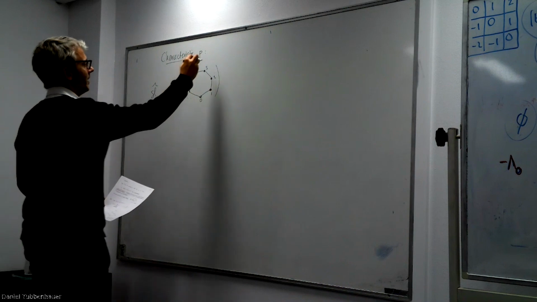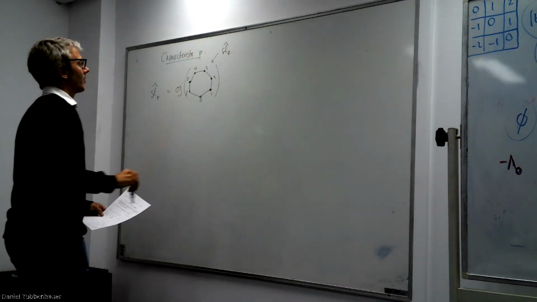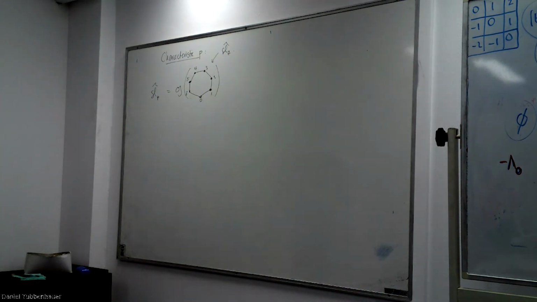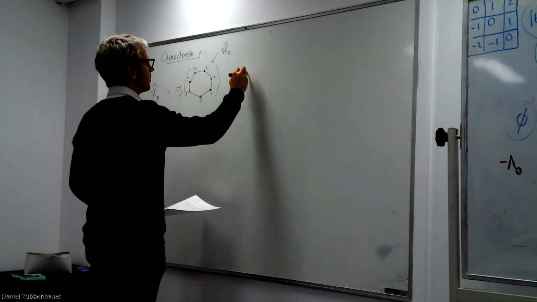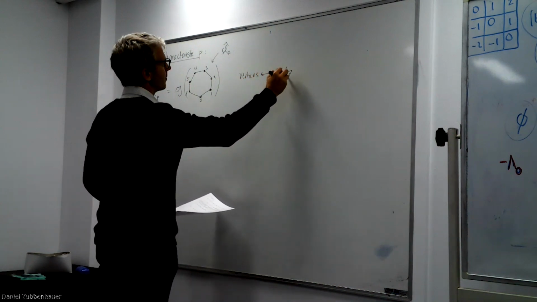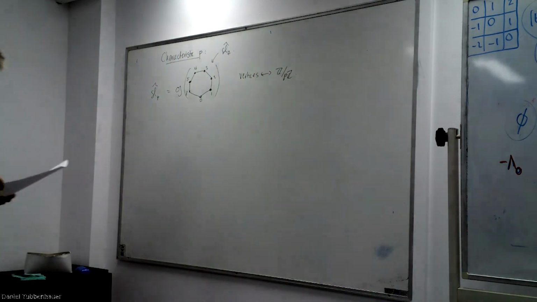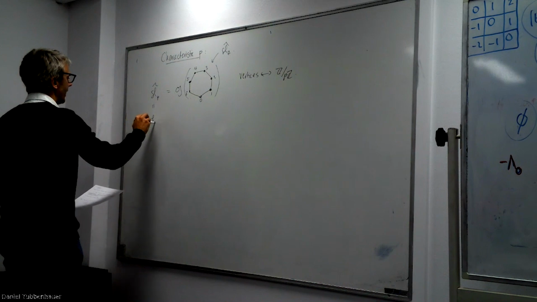Okay, so this would be SL7 hat. For the vertices, and this is generated by E_i and F_i.